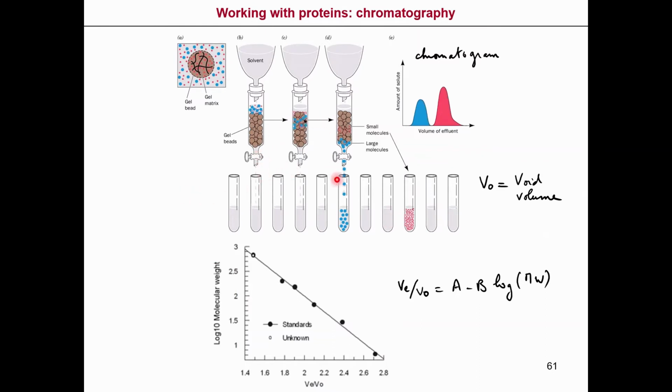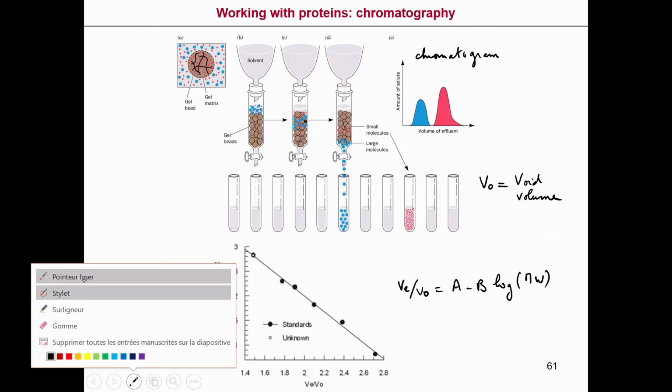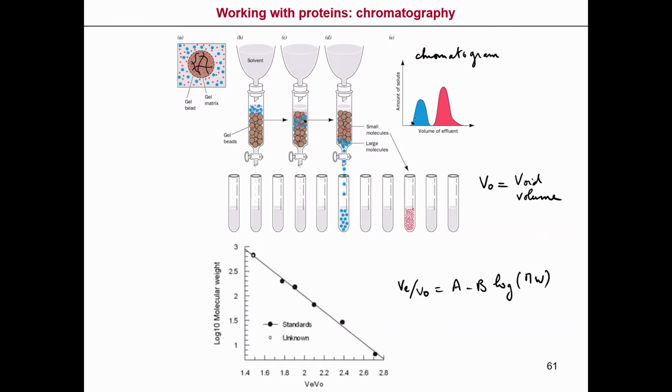What we do is measure the absorption of each fraction. If you have nothing, you will have no absorption. When you have proteins, you will have absorption. So indeed, what we plot is not a curve, it's dots like this.